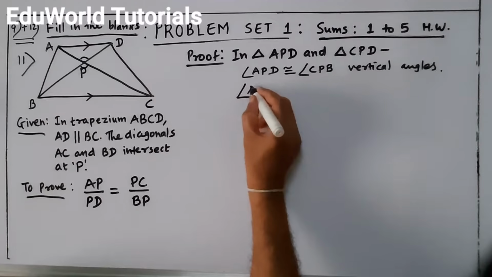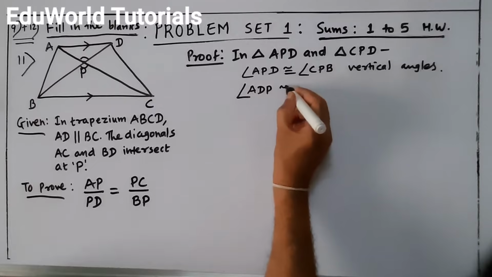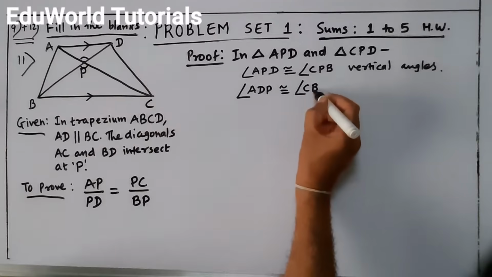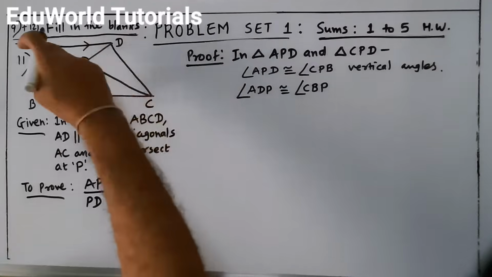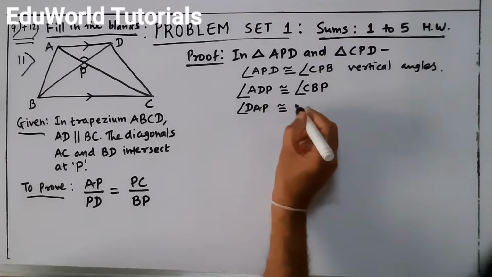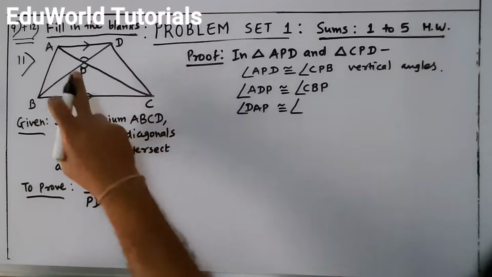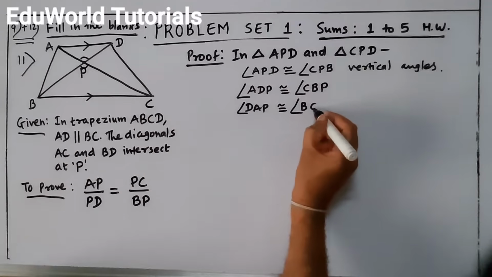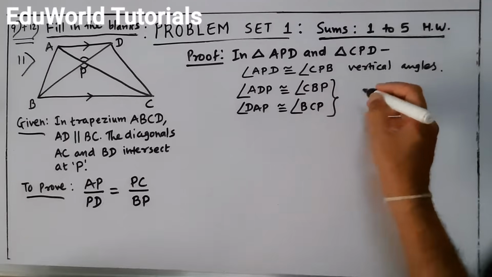Which are the angles? Angle ADP will be congruent to angle CBP and angle DAP is congruent to angle BCP, and you know how to write the reason.